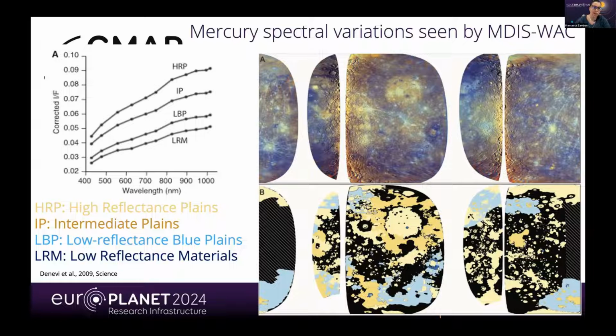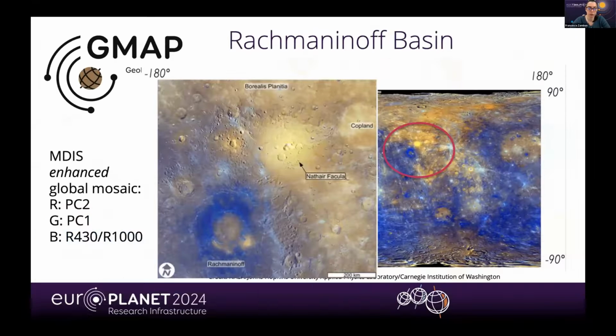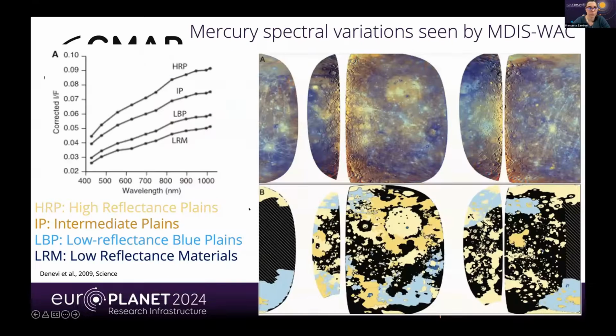So we have high reflectance plains in light yellow, which correspond mainly to the smooth plains. Then we have an intermediate plain in dark yellow, the low reflectance blue plain in light blue, and then the low reflectance material in dark blue, similar to those I showed you in the previous slide, like those in Rachmaninoff crater.